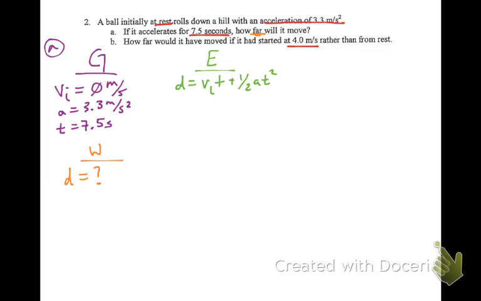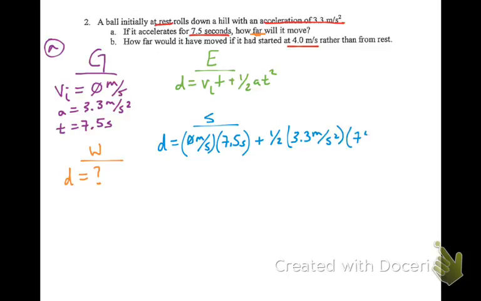Let's plug all of our information into our substitution. So D is equal to 0 meters per second times 7.5 seconds plus 1/2 times 3.3 meters per second squared times 7.5 seconds squared.